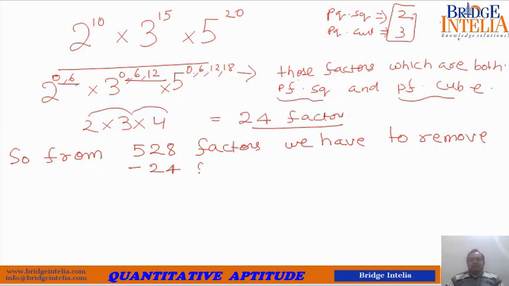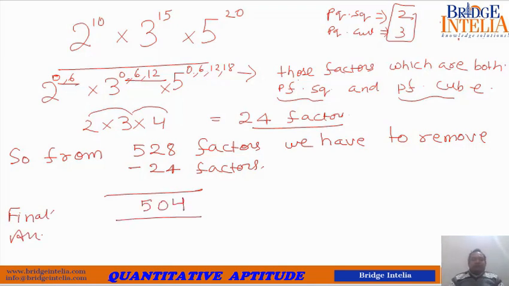Removing means subtracting. So the final answer is 528 minus 24, which is equal to 504.